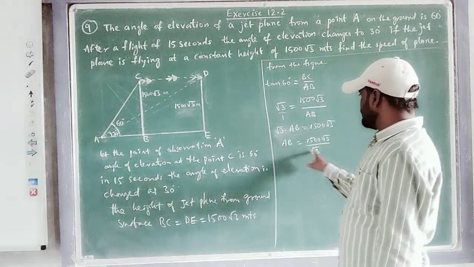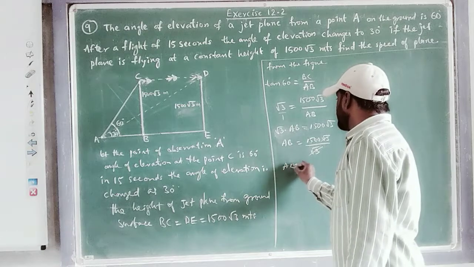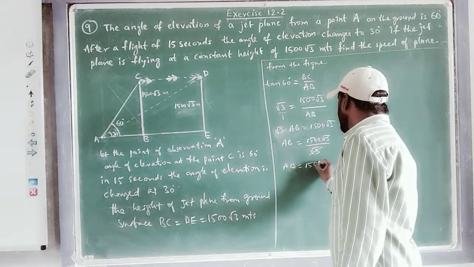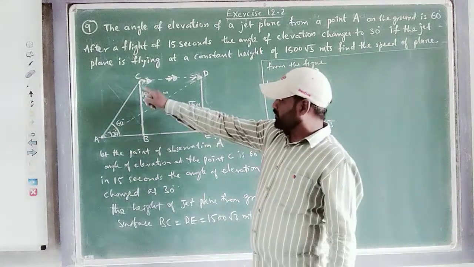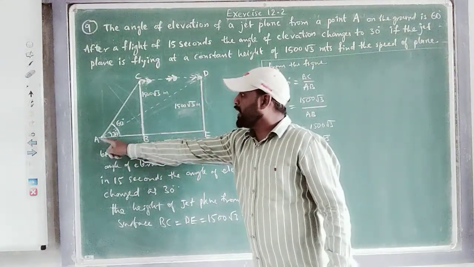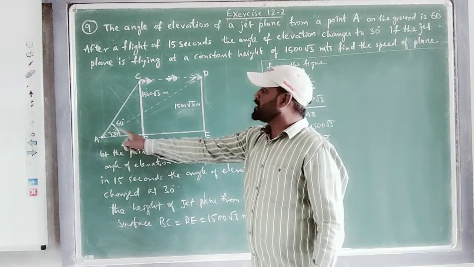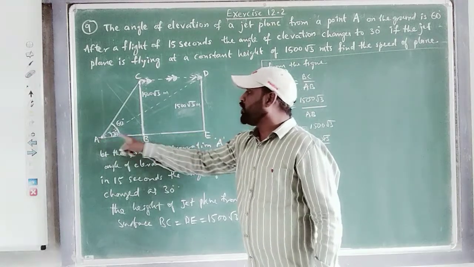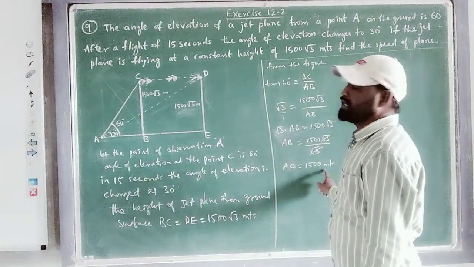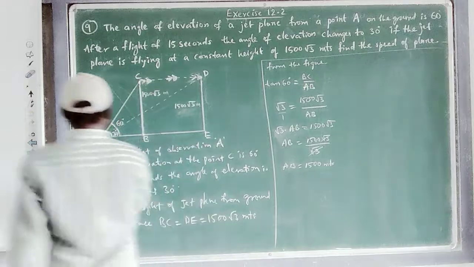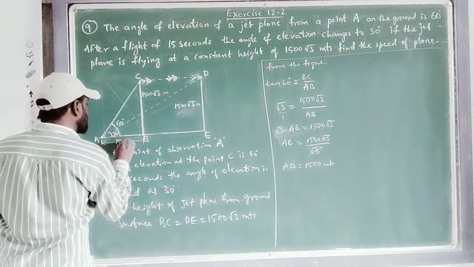Root 3 cancels. AB is equal to 1500 meters. That means when the flight is observed from the point A, making an angle of 60 degrees, the point of observation is 1500 meters from the flight on the ground surface.